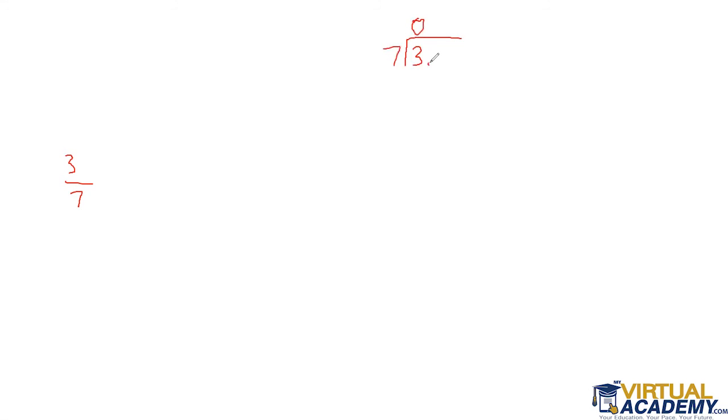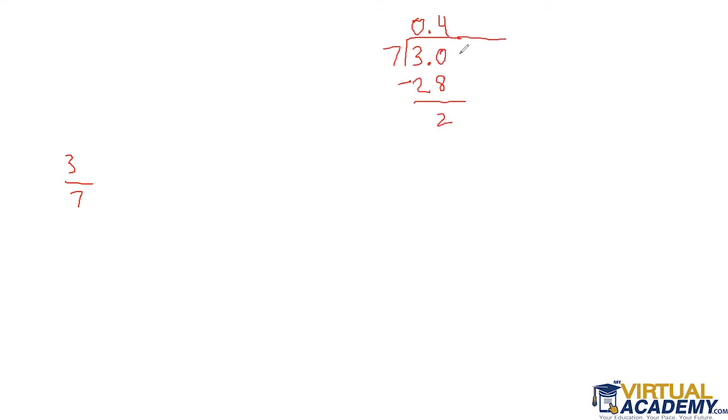So we have to do a decimal point. Create a 0. 7 goes into 30 4 times because 4 times 7 is 28, right? Okay, so if we subtract this, we get 2.